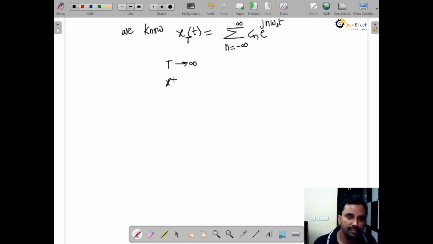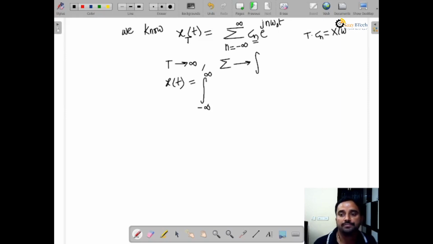So xT of t will become x of t, right or not, is equal to, and the summation also will become integration. Summation becomes integration. So integration from minus infinity to plus infinity, and here Cn, already we know that T into Cn is equal to capital X of omega, right or not, already we have seen this.